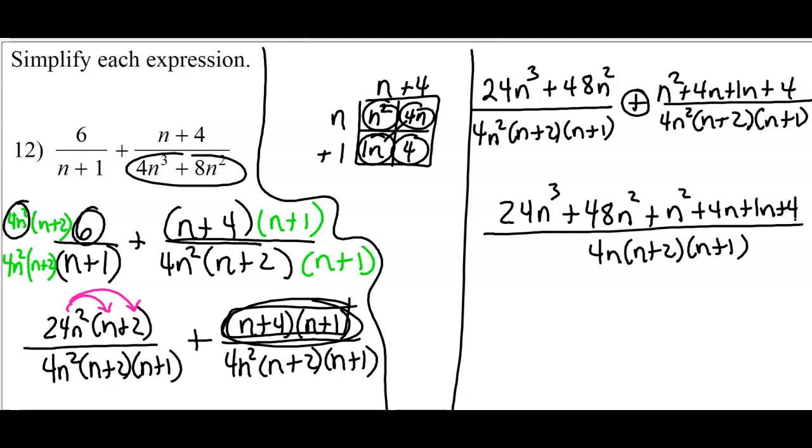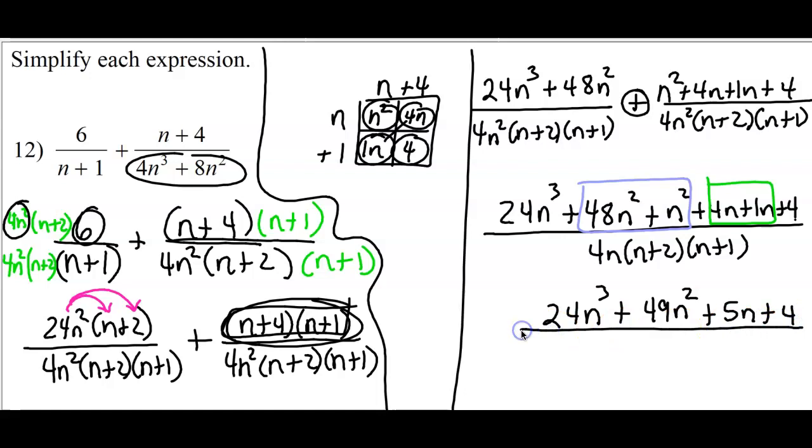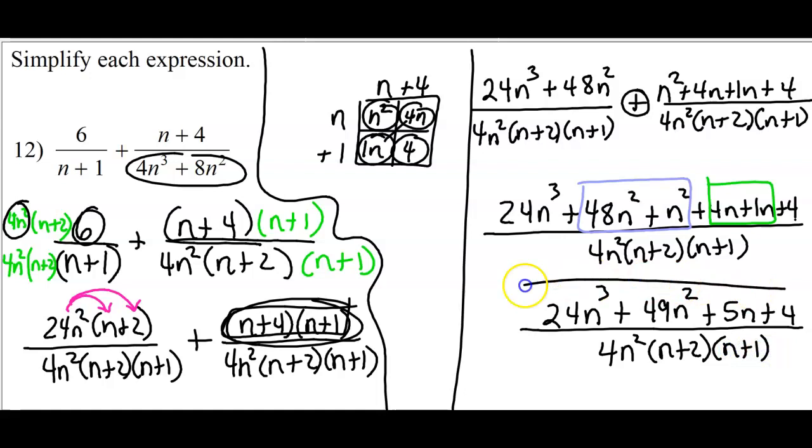So I've got two squared terms. I can put those together. And I also have two n terms, and I'll put those together. And that should pretty much finish us up. Forgot my square up there. Okay, so there we go.